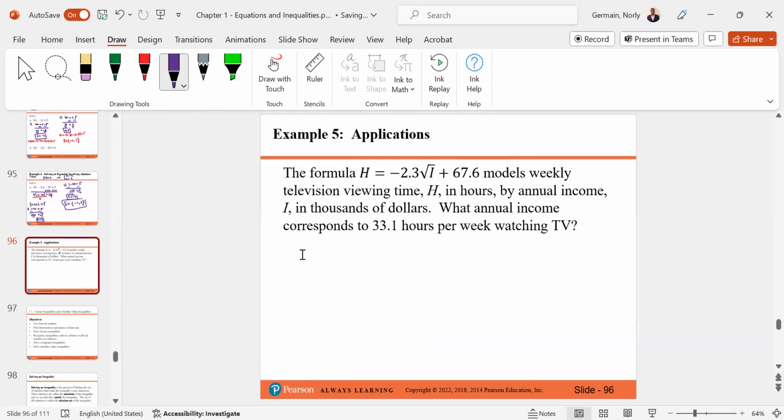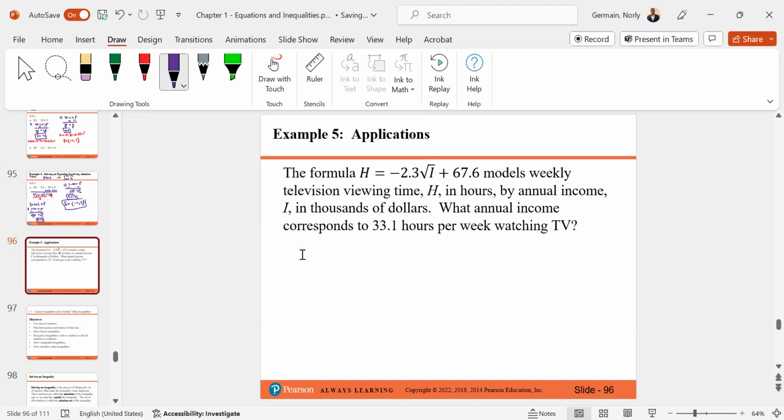For example, if they ask you the formula h equals negative 2.3 square root of I plus 67.6 models weekly television viewing time, h in hours, by annual income, I in thousands of dollars.